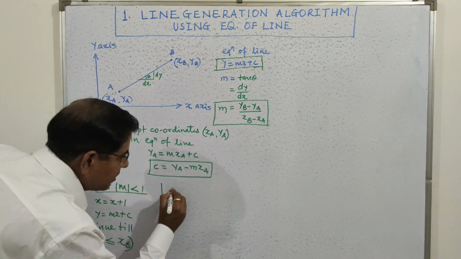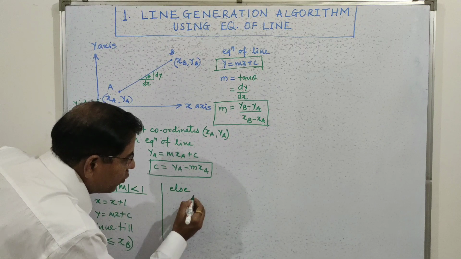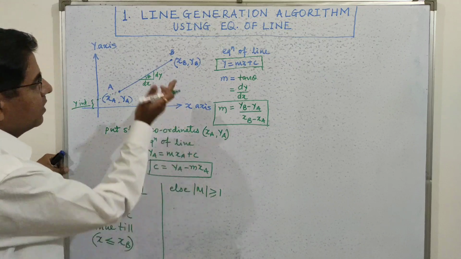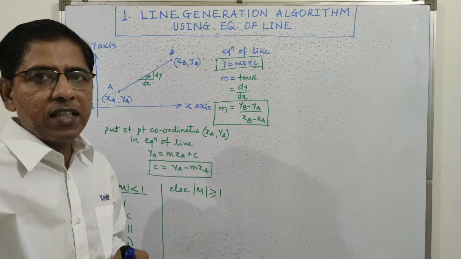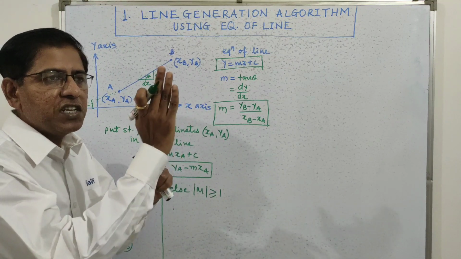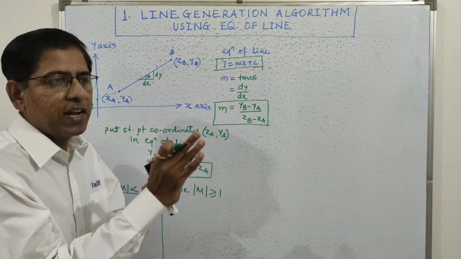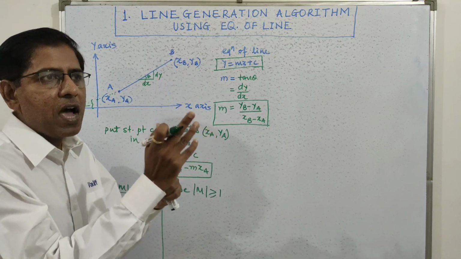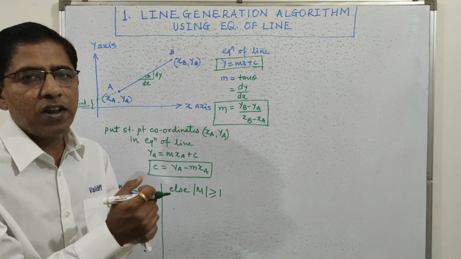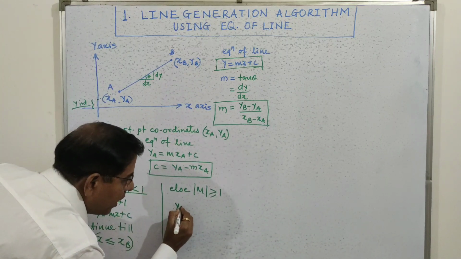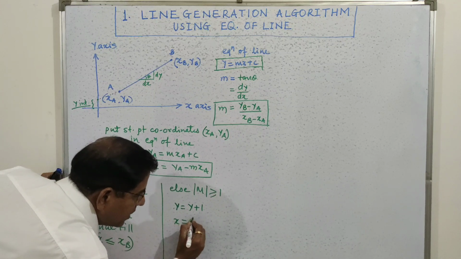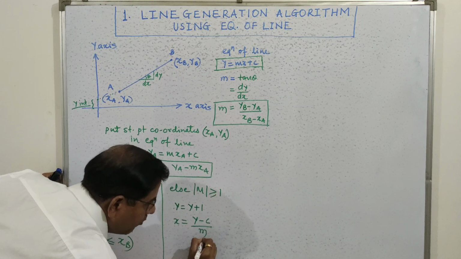Else, if the slope is greater than or equal to 1, m is greater than or equal to 1, that means it tends towards a vertical line, and the value of y is changing very fast as compared to the value of x. That is why we increment the value of y by 1 in every iteration and calculate the value of x by using equation of line, as x equal to y minus c upon m.